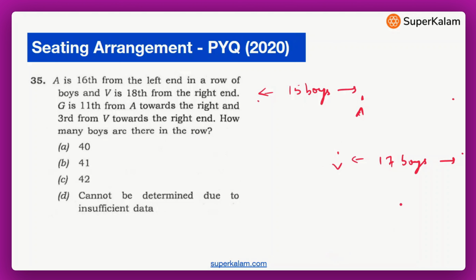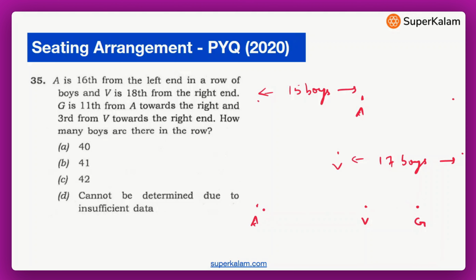Now the third statement says G is 11th from A towards the right, and third from V towards the right end. So from V also, G is towards the right.